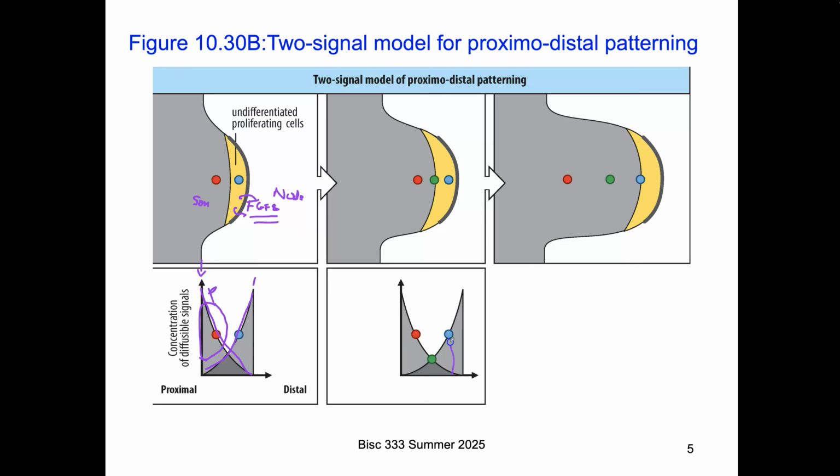The cells that are mostly on the distal side, that have most of this signaling molecule but very little of the other, are going to form your more distal structures. And then the ones in the middle that are getting relatively similar amounts of each of those two gradients, where there's meaningful signal from both sides, are going to form your intermediate structures. So that's the idea. It's basically just two sets of gradients, and they overlap. And the different relative amounts of each of the molecules specifies fates along that continuum.